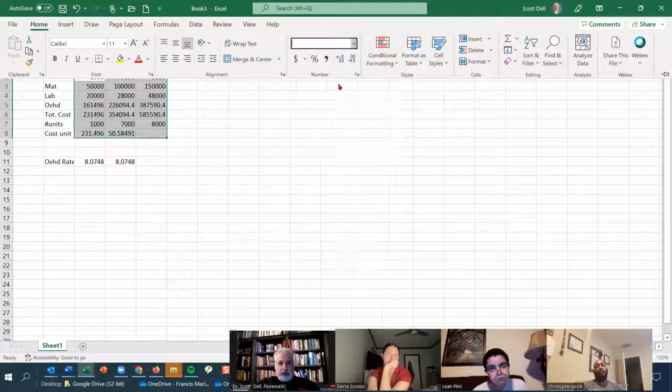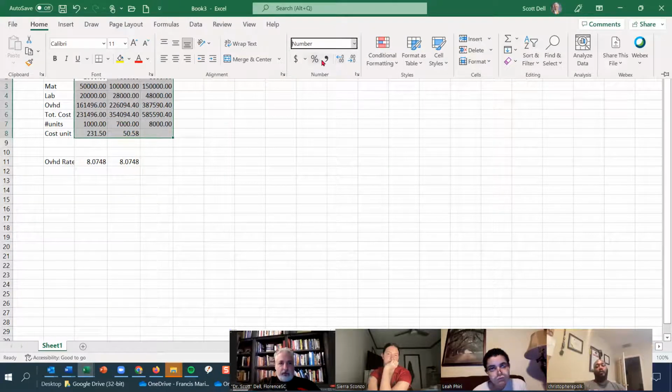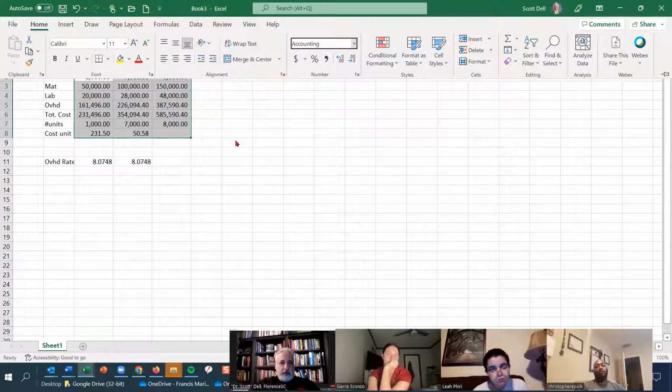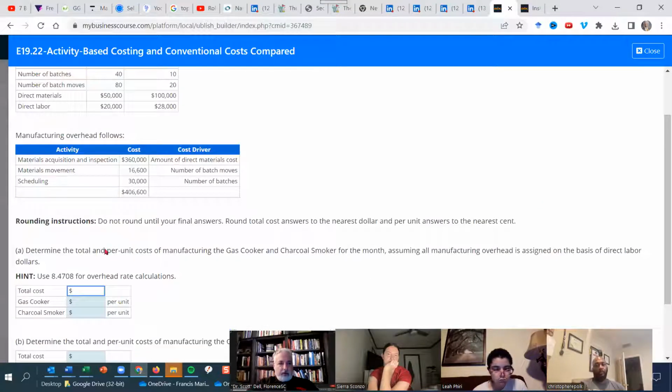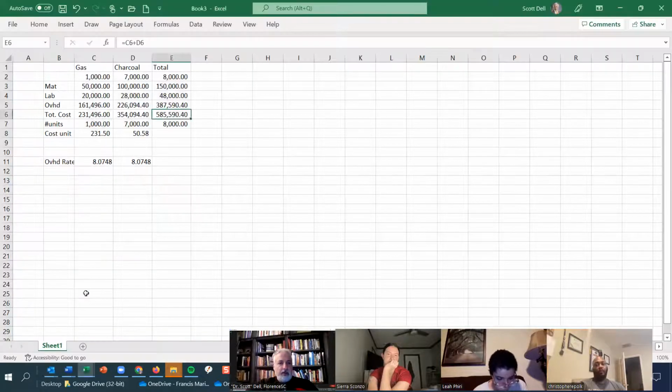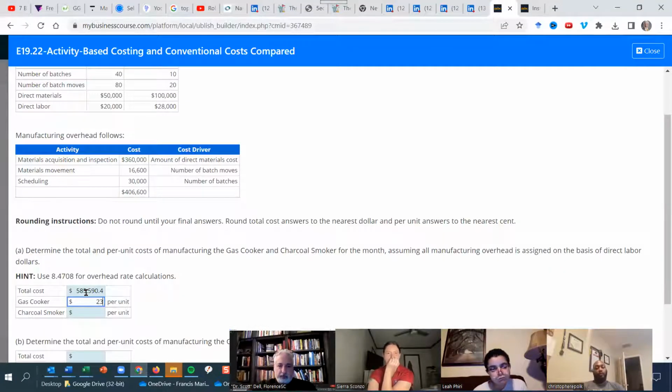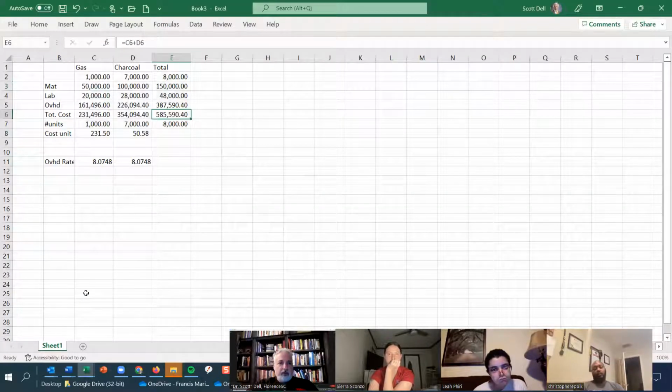I'll put 2 decimals on here, just for kicks. Comment in there so it's easier to read. And that's what we get. So we have a total cost of 585,590.40. Cost per unit, 231.50. Cost per unit 50.58.